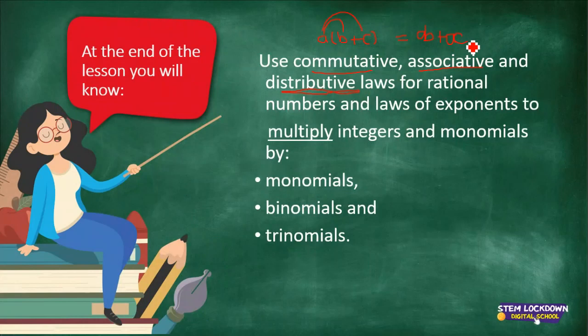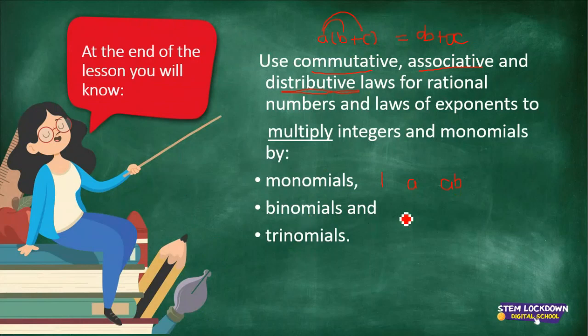And then when you look at monomials, this is basically one term, for example, 1 or A or AB. These are all monomials.